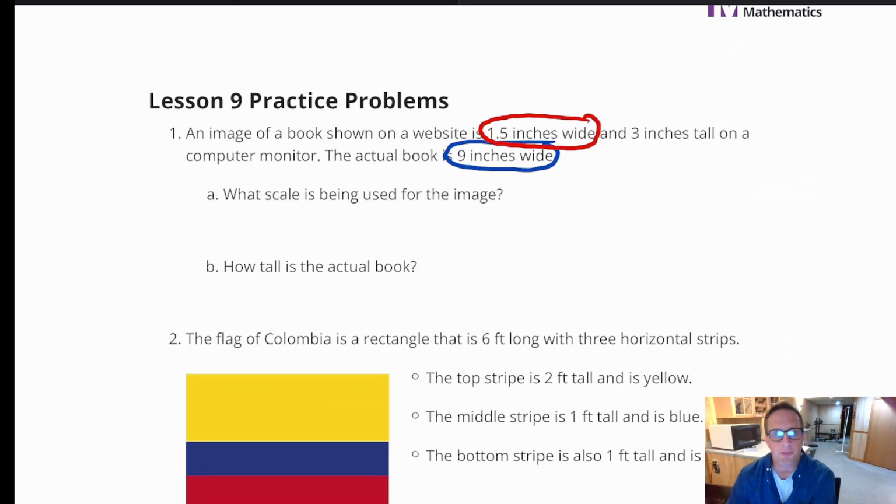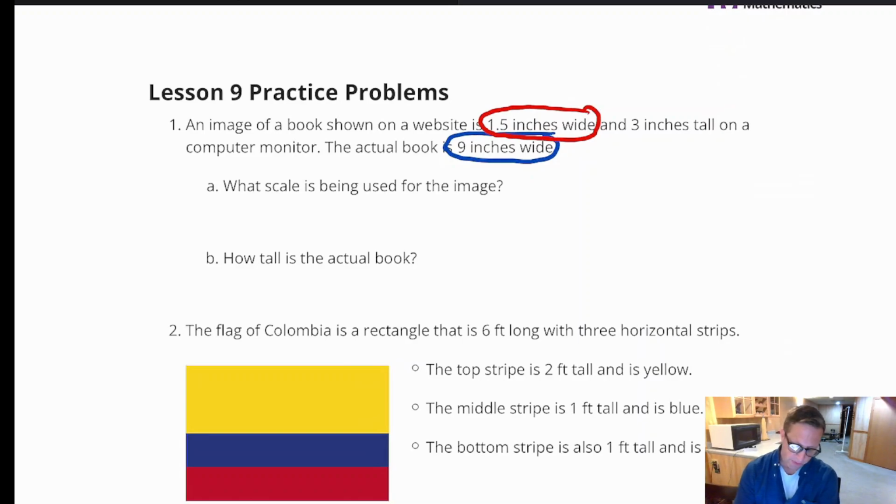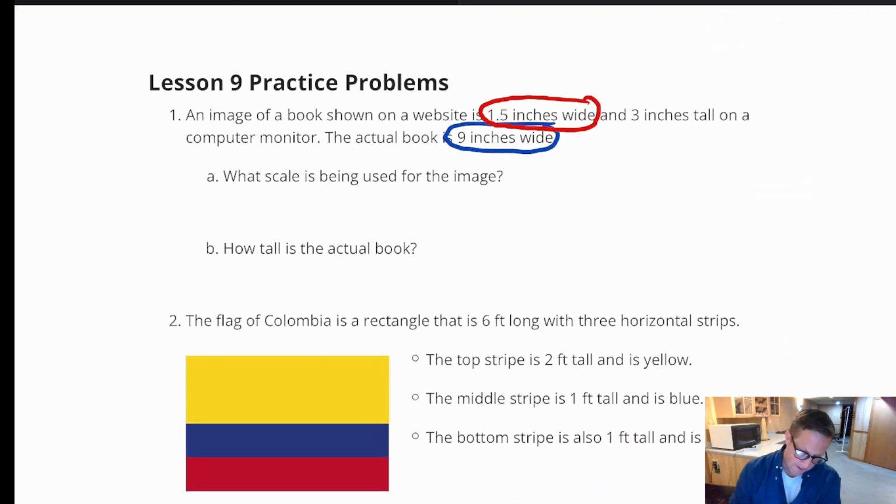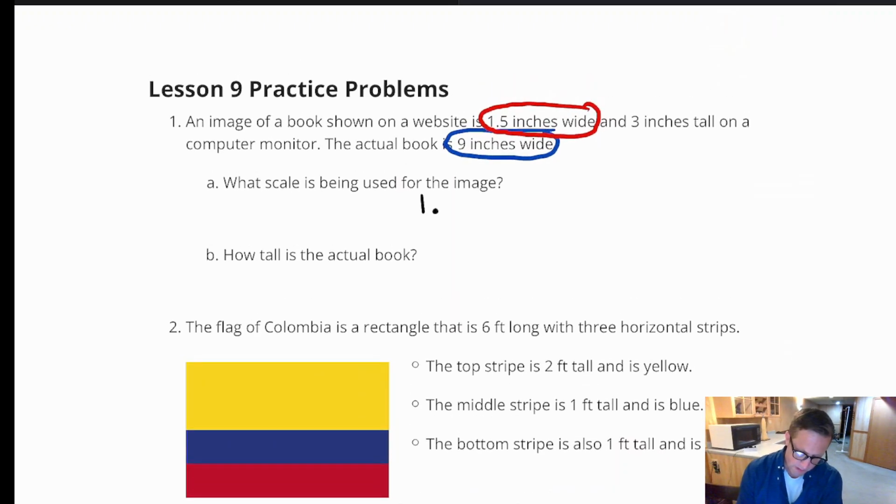All right, so what you want to do is, I'm going to look here, the actual book is 9. So we're going to do 1.5 divided by 9.